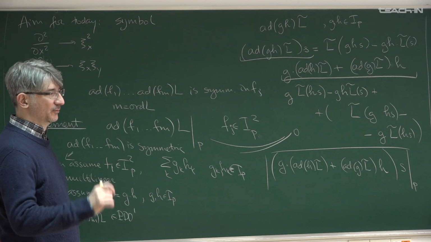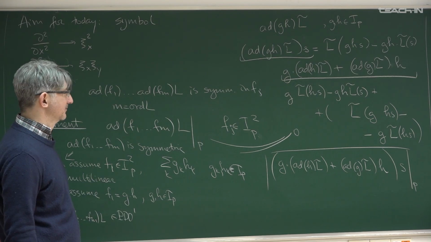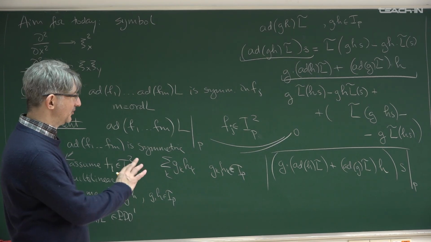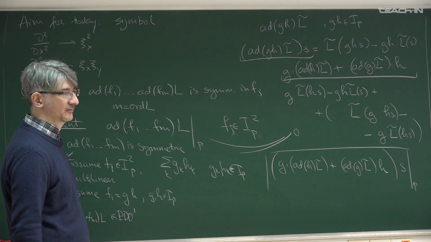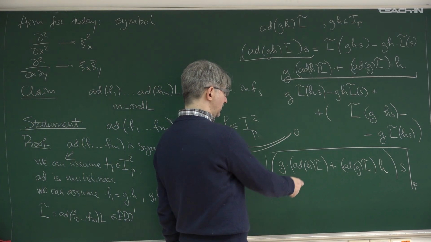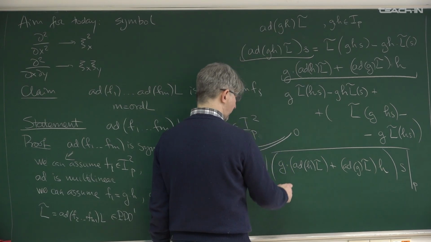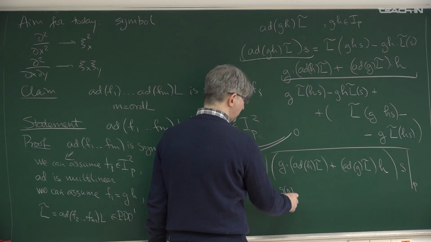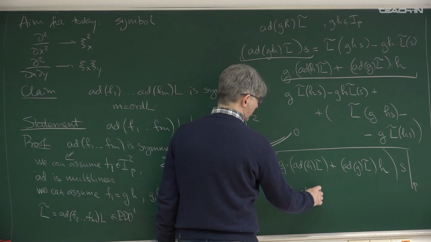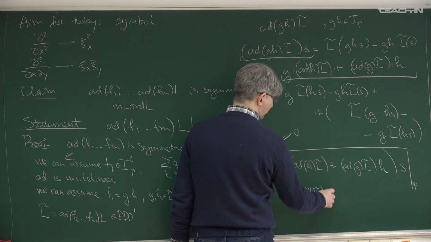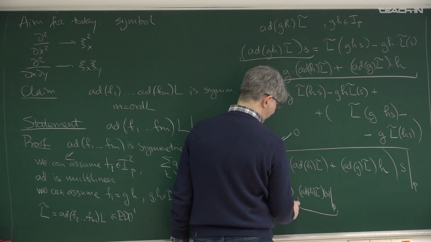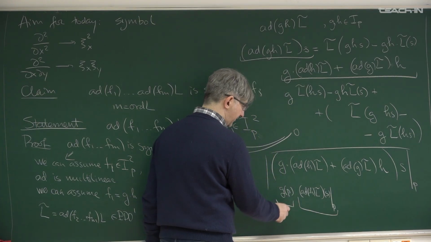There is one obvious part and one tricky part. I really like this tricky part. One of the summands is 0 for some very simple reason. This one is 0 because, what happens here? You calculate G at the point P, then you calculate this difficult thing applied to the section S and substitute here point P. So this guy lives separately from this one, but this thing is 0.